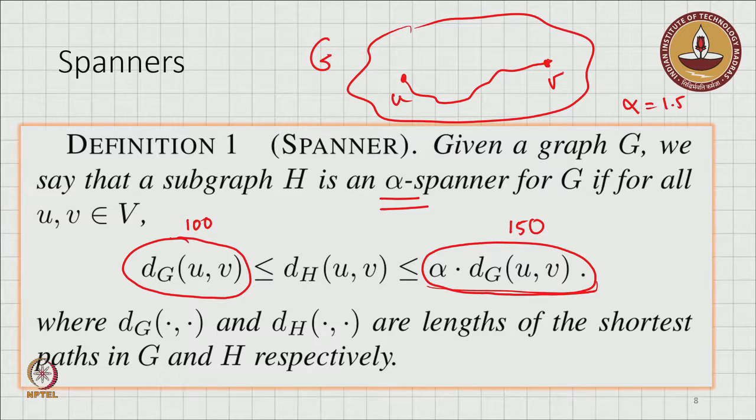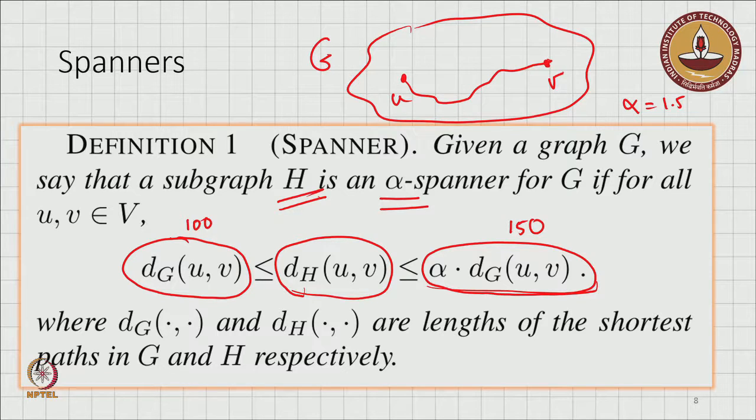So this gives us a range to work with, and from G we want to construct a subgraph H, and we say that H is an alpha spanner if the distance between U and V in H is sandwiched between the original distance between U and V and alpha times the original distance between U and V.